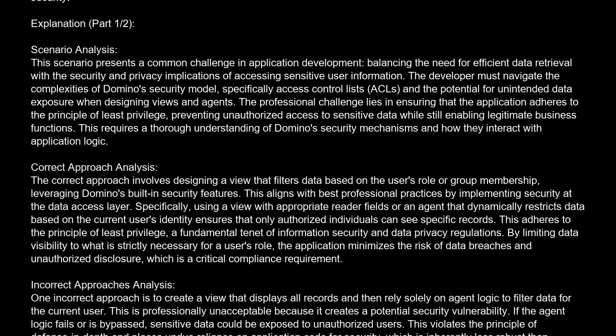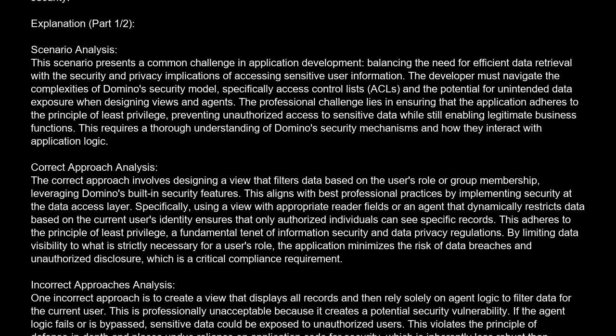Correct approach analysis. The correct approach involves designing a view that filters data based on the user's role or group membership, leveraging Domino's built-in security features. This aligns with best professional practices by implementing security at the data access layer. Specifically, using a view with appropriate reader fields or an agent that dynamically restricts data based on the current user's identity ensures that only authorized individuals can see specific records.